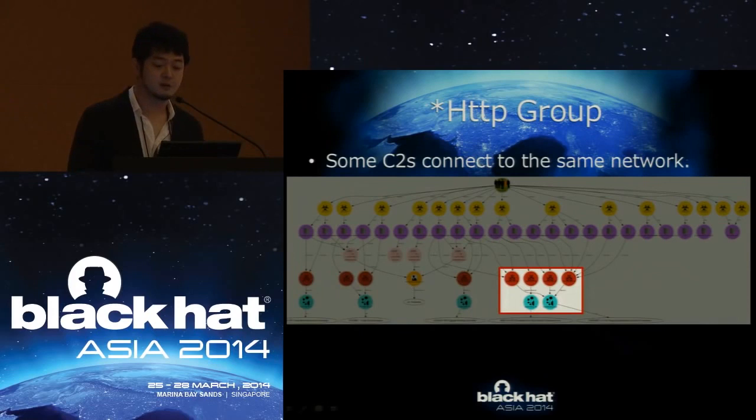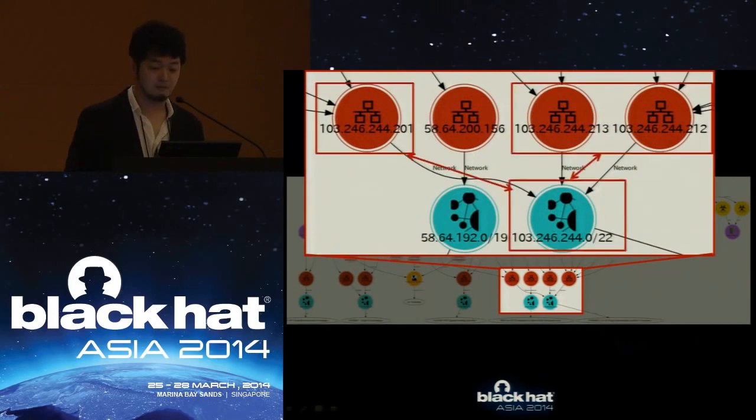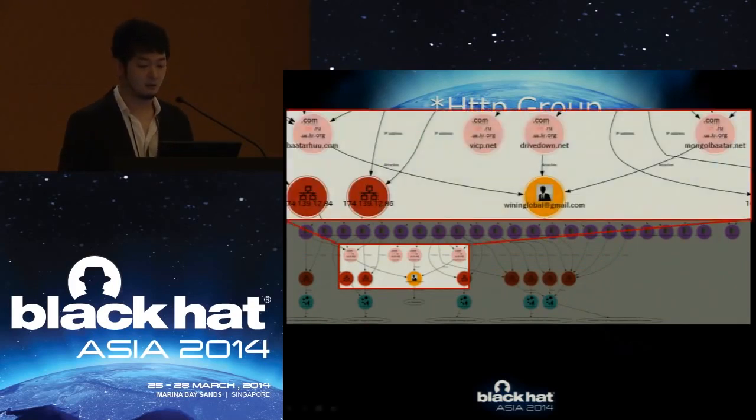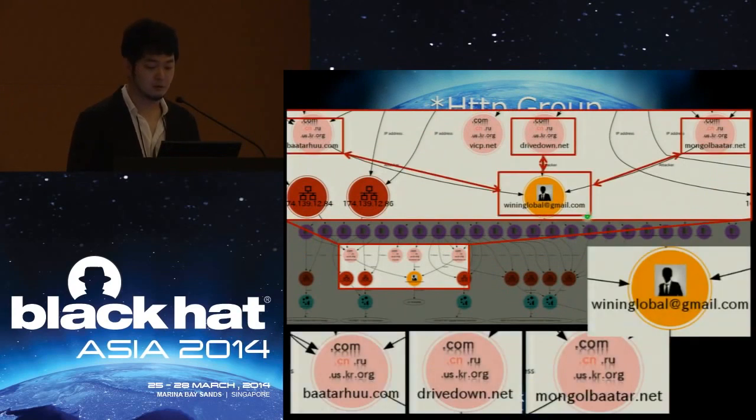And some CNC servers of HTTP group connect to the same network, this network. These IP addresses belong to this network. And some domains are managed by the same owner, winningglobal@gmail.com. These domains are managed by him.